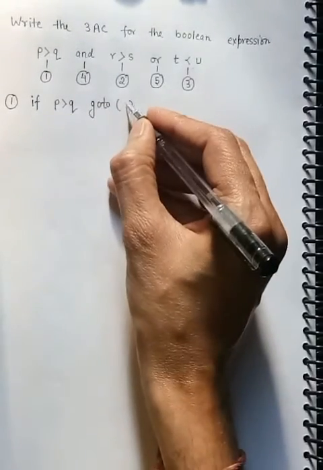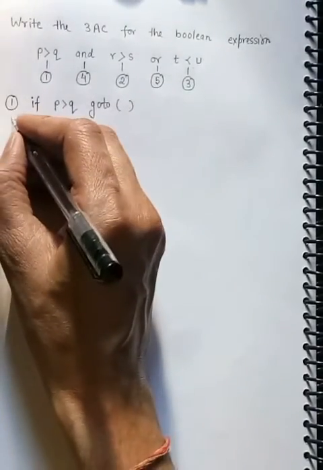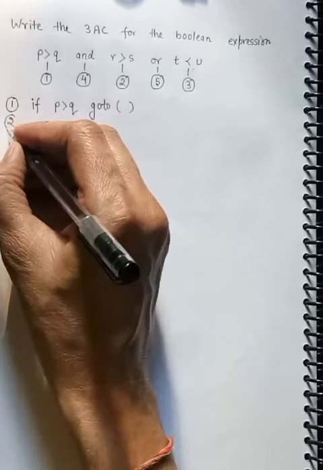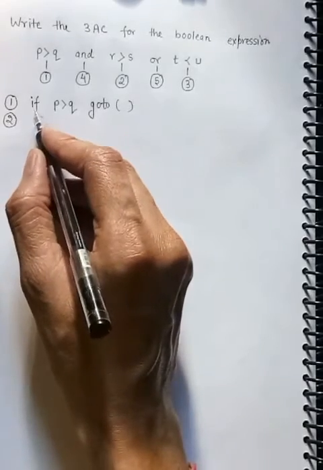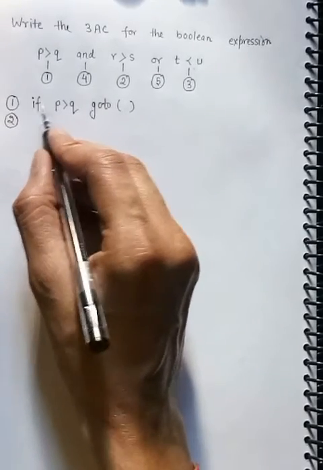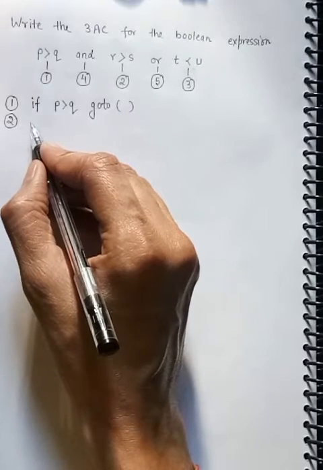I will define this label later, because right now I have no idea how many three address codes are used. And I have already told you that whenever we use an if statement, the very next statement is treated as an else.